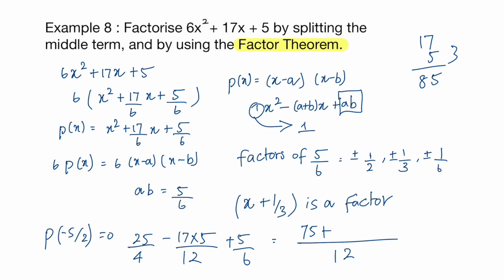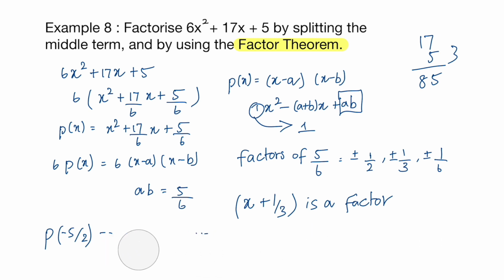Yeah, so that is going to be, sorry, it's not plus, this should be minus. Minus 85 plus 6 times 2 is 12, so 5 times 2, that gives you 10. Okay, so this is 0 divided by 12. So this also is obviously a 0 of this polynomial.